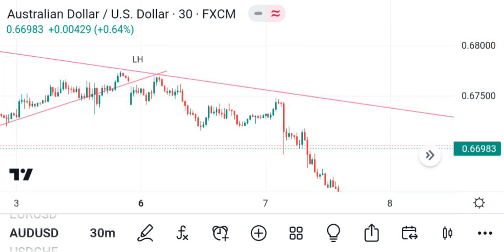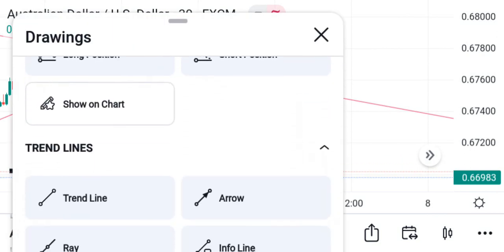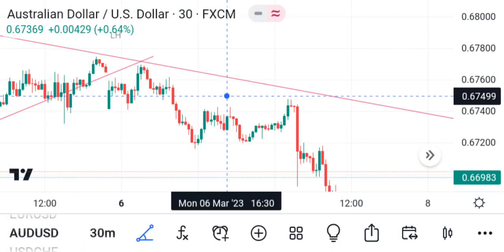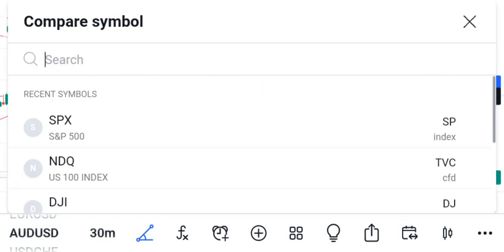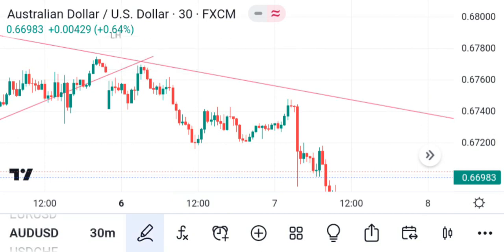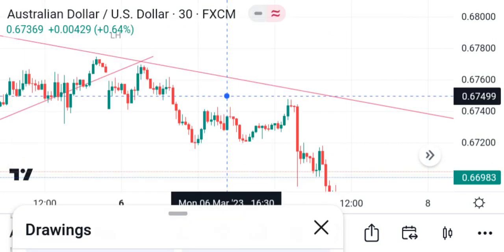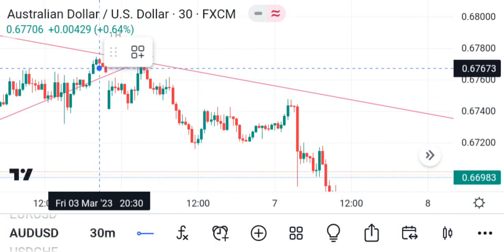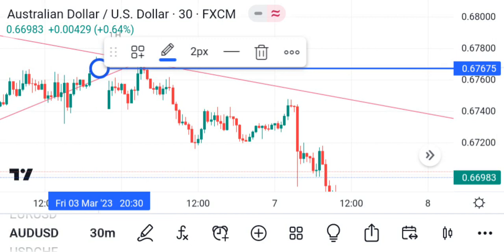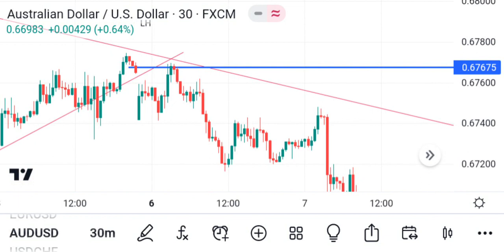So this right here is an aggressive entry for us. So that's our first aggressive entry, like you can see.